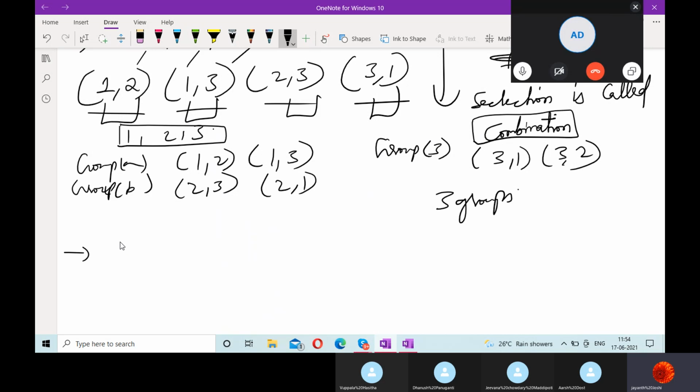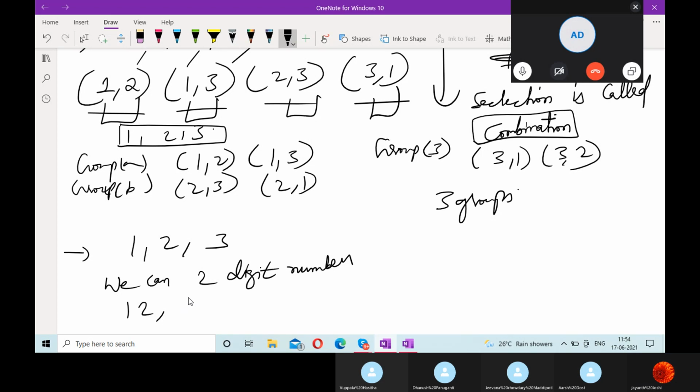Suppose in the second example, 1, 2, 3 are the given numbers. We can make 2-digit numbers out of this. What can we make? We can make 12, 23, and we can also arrange this in reverse order, that is 21, 32, 13, 31, anything.